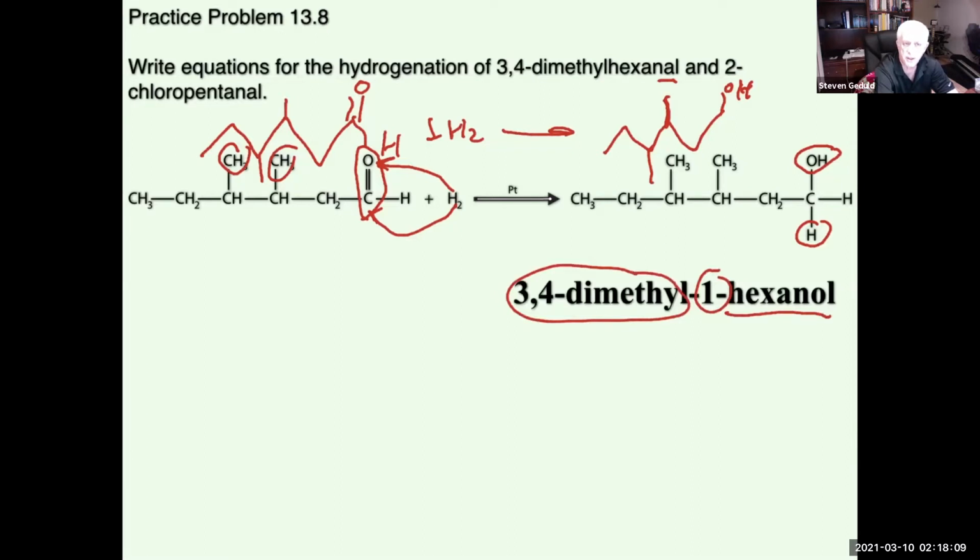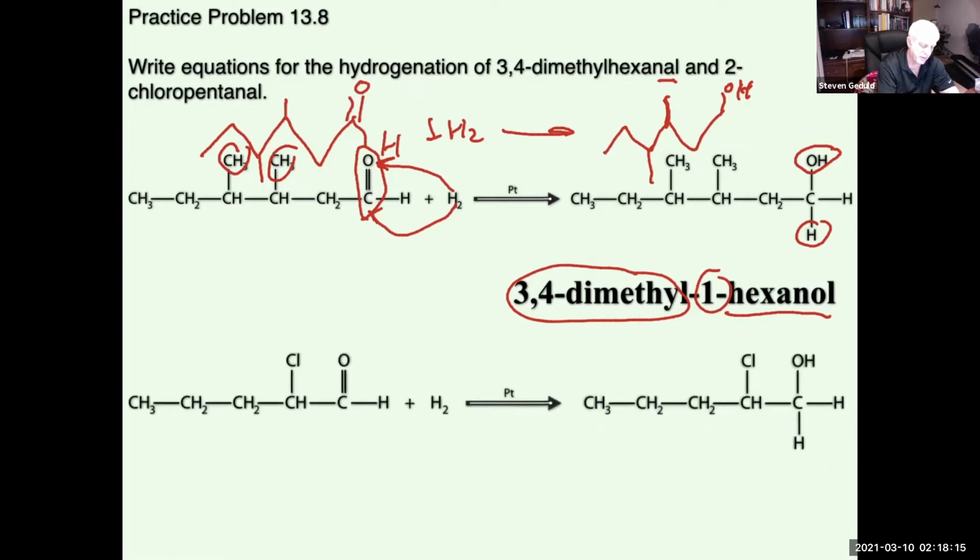2-chloropentanal. Pentanal is 5 carbons with a chlorine group at the number 2 position. So here's 5 carbons, 1, 2, 3, 4, 5. At the number 2 carbon, there's a chlorine group. And it's an aldehyde, so we know it's going to produce a primary alcohol. Again, we open up the double bond. Hydrogen goes to the oxygen, and hydrogen goes to the carbon, each side of the double bond.